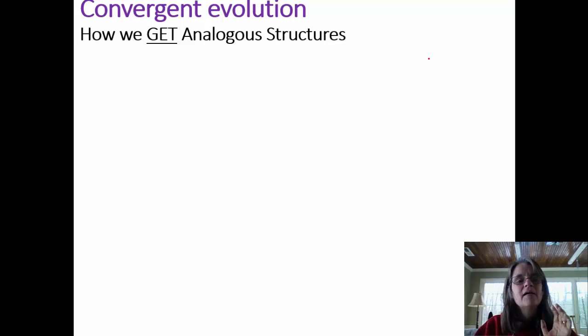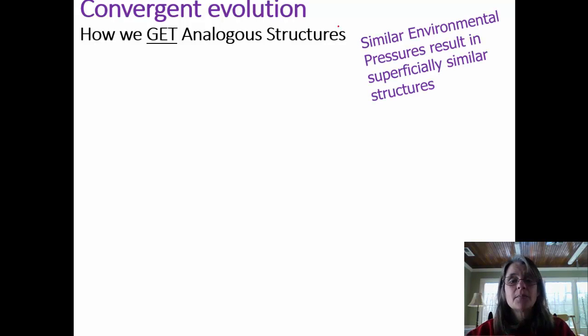Okay? Now, convergent evolution, which you just mentioned, is how we get those analogous structures. So basically, convergent evolution is when similar environmental pressures are sculpting unrelated organisms in similar ways.